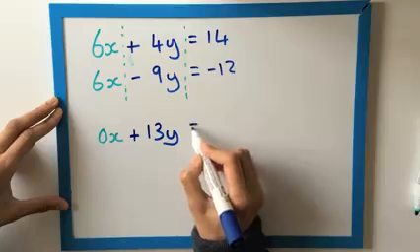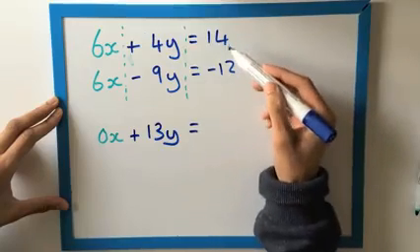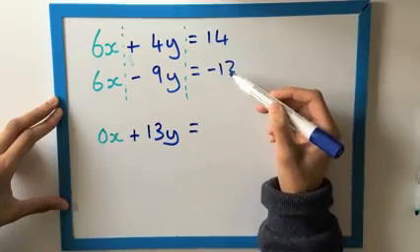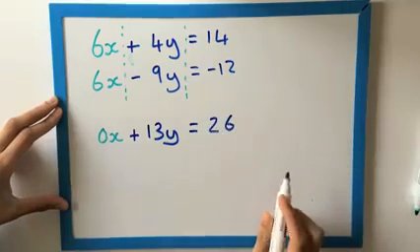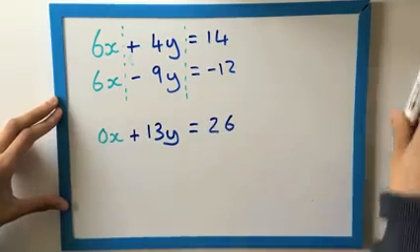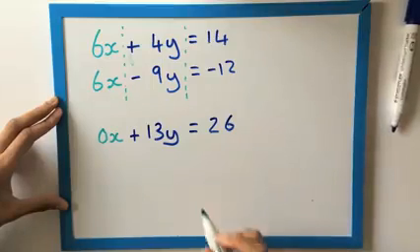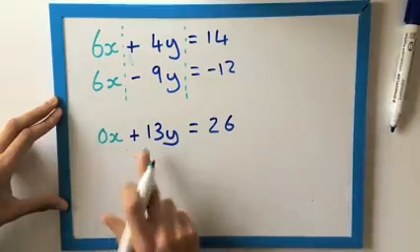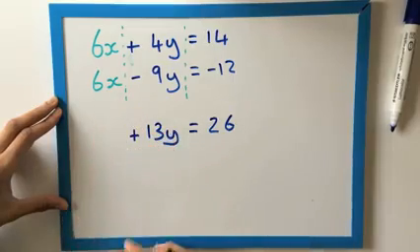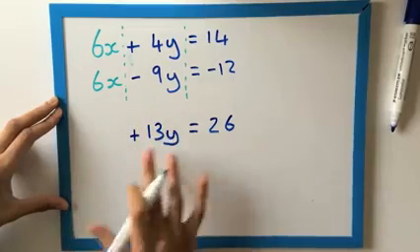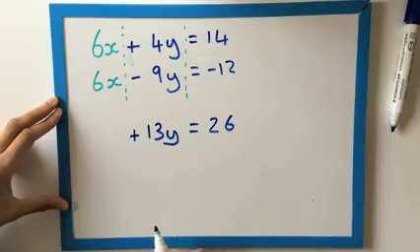And for the final part, 14 minus 12 gives us 26. So we can see that we can just take away the 0x term and we are just left with 13y equals 26. We can use basic algebra to solve for y.